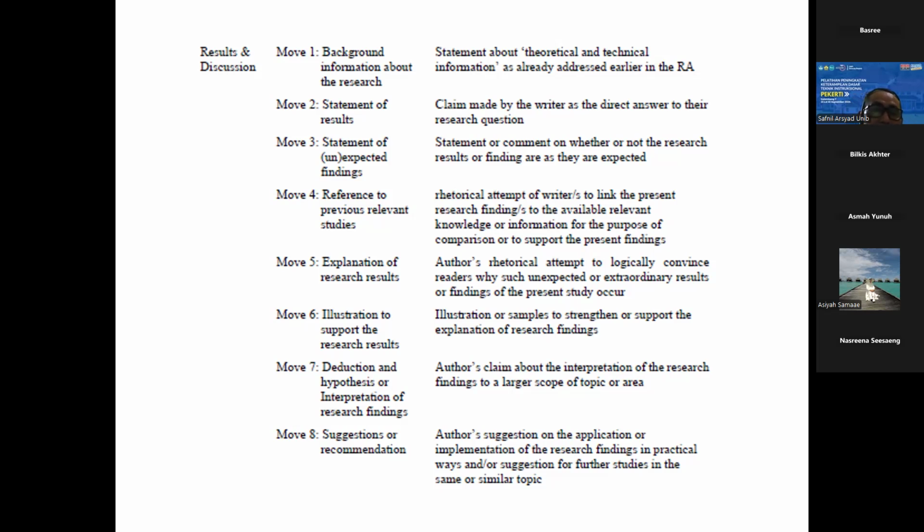Number five, explanation of the result. This is your interpretation. What do you think? What does it mean? What is the meaning of your finding? Why did you get such a result?